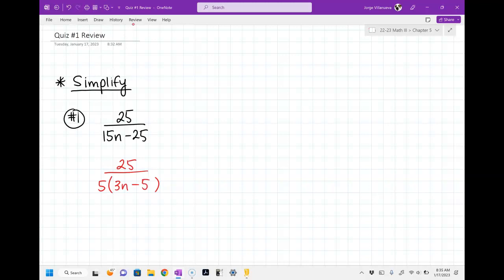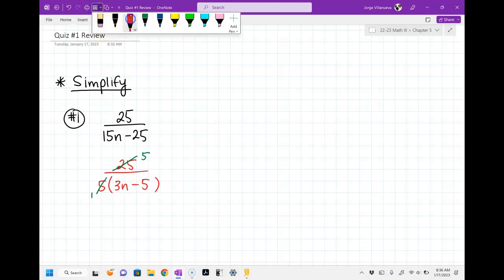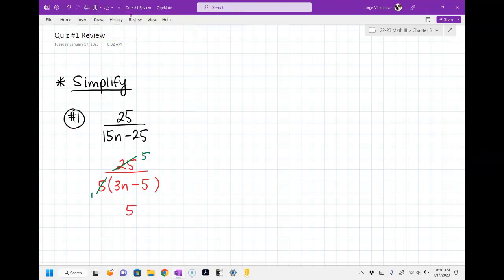My last step is just to simplify the 25 over 5, right? So I know that 25 can be divided by 5. If I reduce 25 and 5 by 5, I get a 5 up here and a 1 right there. So my final answer is going to be 5 over 3n minus 5.